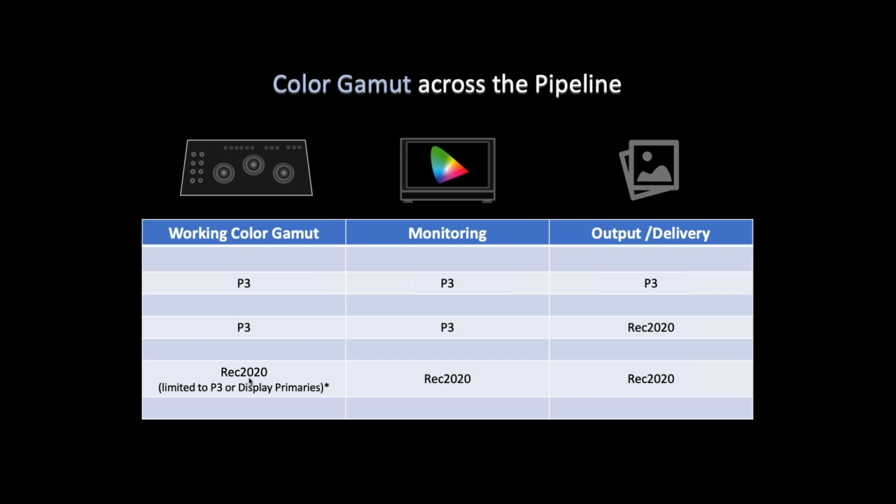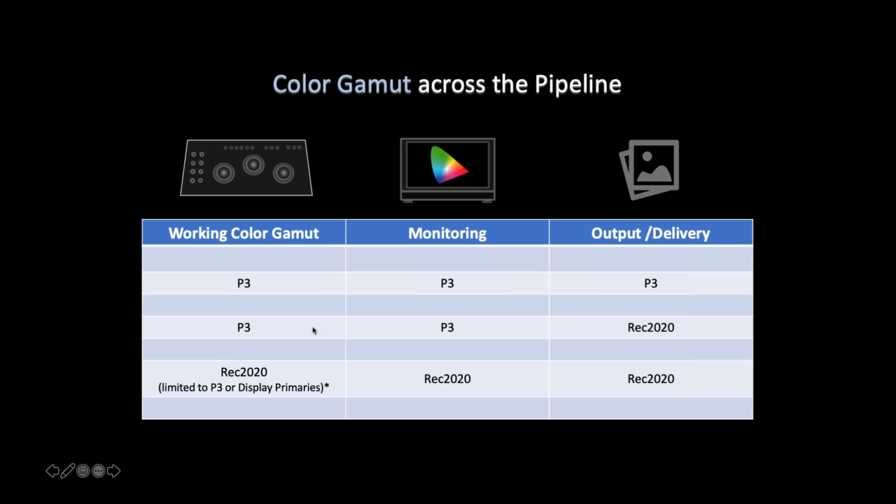Otherwise, this may be risky in terms of what you see on your monitor, because displays may not be capable of displaying the entire 2020 gamut, and different panels may do different things in terms of how much of Rec 2020 they can display, and that can sometimes cause problems. So if you limit your working color gamut to P3, then you know that you are safe. You're not going beyond P3, and therefore your display will be capable of displaying all the colors that you're working with, and then you would monitor in 2020 and then deliver 2020. Again, not a problem. Pretty straightforward.